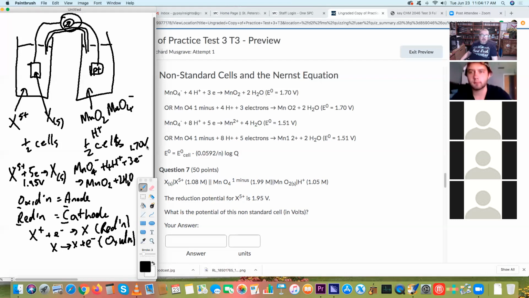Now, the thing with a battery is that they're both not reductions. One has to be an oxidation, one has to be a reduction. There has to be an anode, there has to be a cathode. But the way these cells are written is that the anode is always presented on the left side. Every single time.